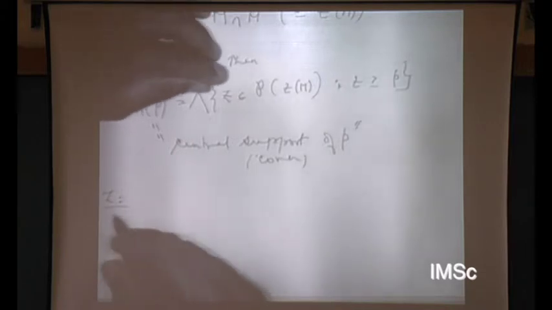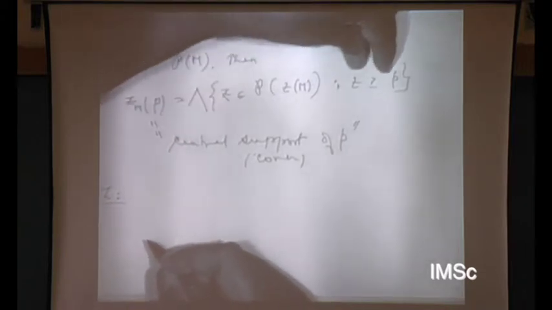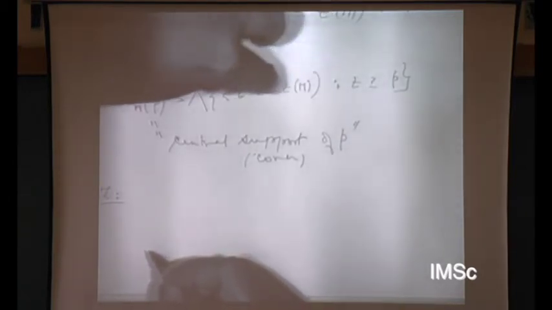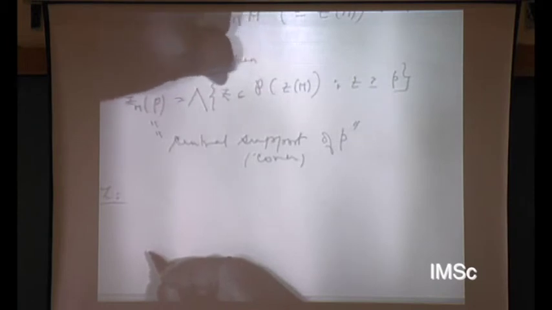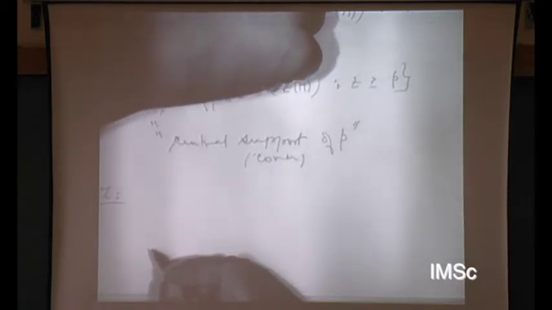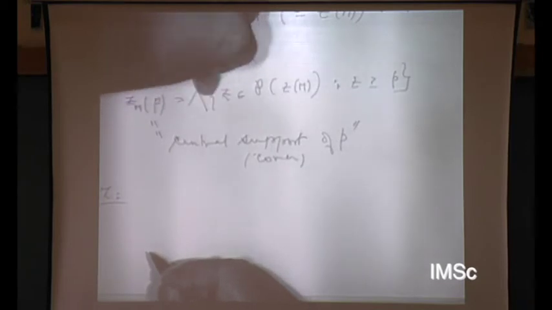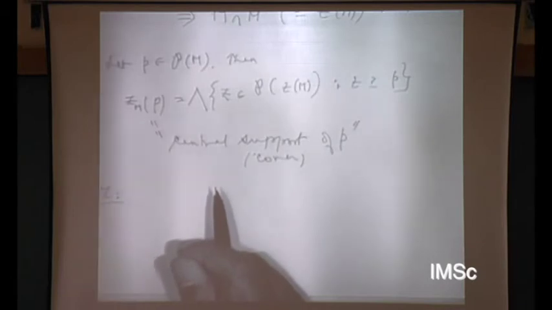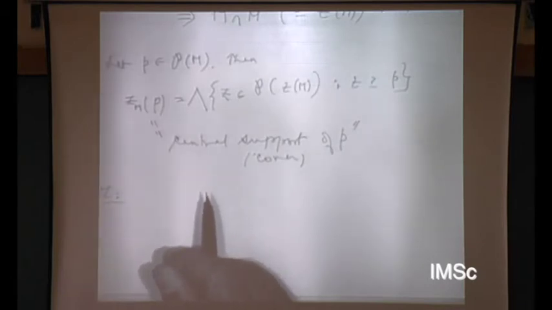Now let us see what it means to say this. To say your projection is in the center means that it must be invariant. You must always keep this in mind: whenever you have a von Neumann algebra, to say you are looking at a projection in that algebra is the same as saying you are looking at its range.